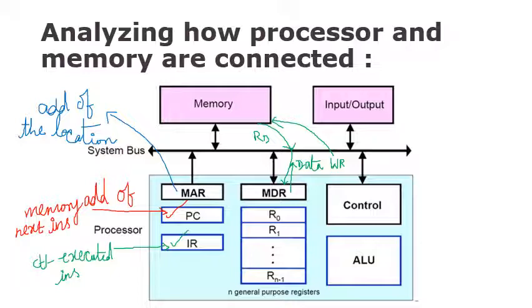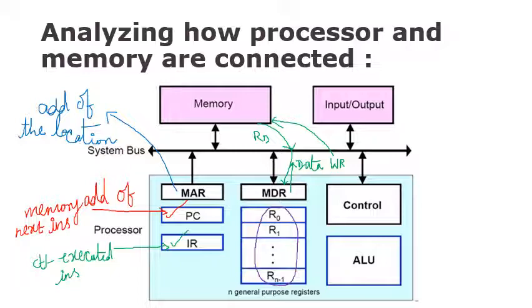And apart from this, there are n general purpose registers. As you are seeing here, it consists of n general purpose registers, that is R0 to Rn-1. The processor has various registers to perform various functions.